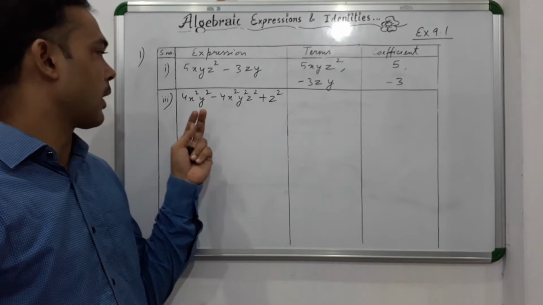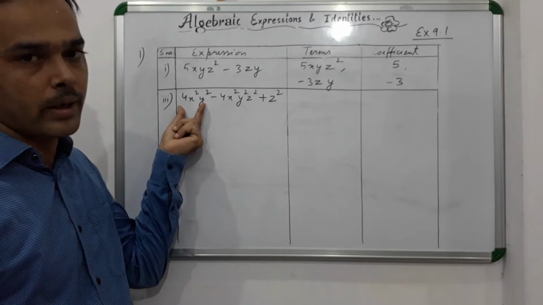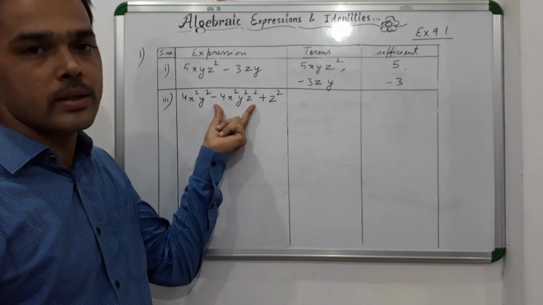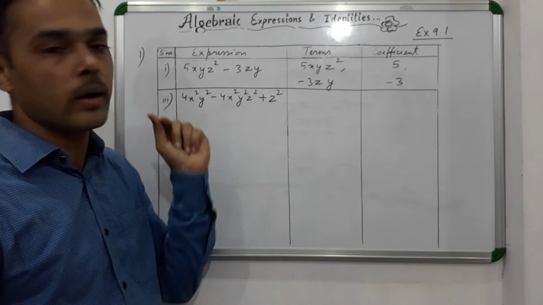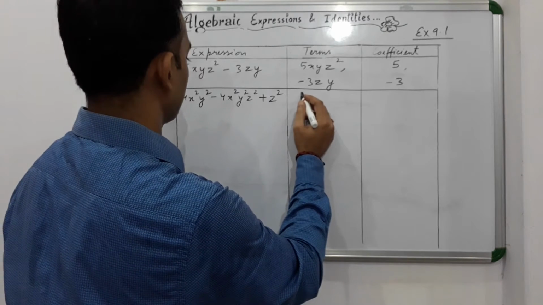So here you can now clearly notice that there are three terms. One is 4x square y square, the other one is minus 4x square y square z square, and the third one is z square. So let's write them as terms.